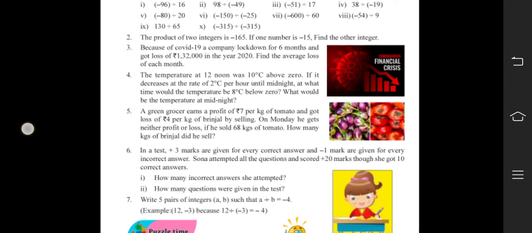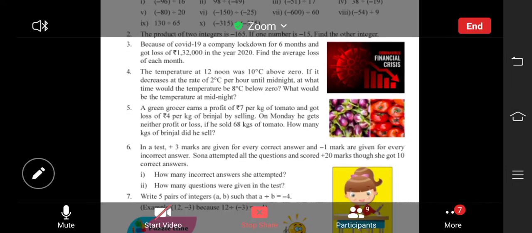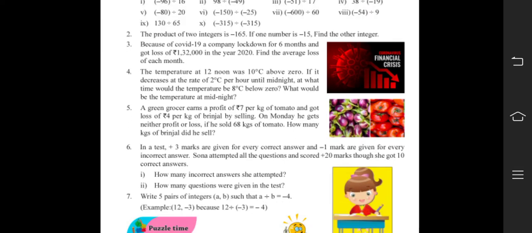So here what is given here? Temperature at 12 noon was 10 degrees centigrade above 0. Above 0 means it is positive or negative, children? Yes, it is positive. So what is given?